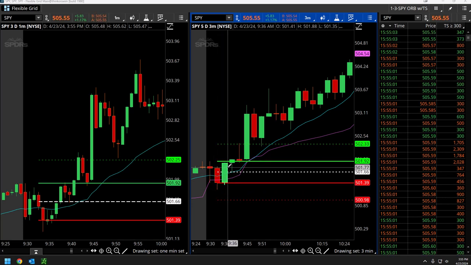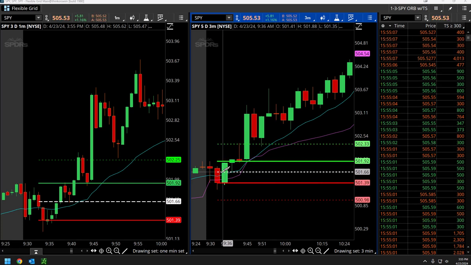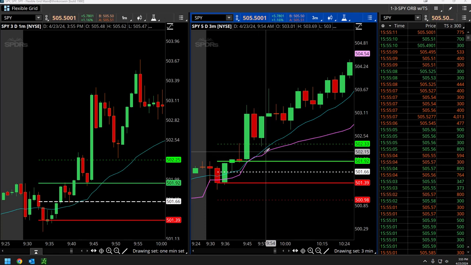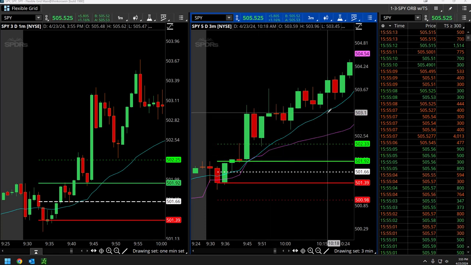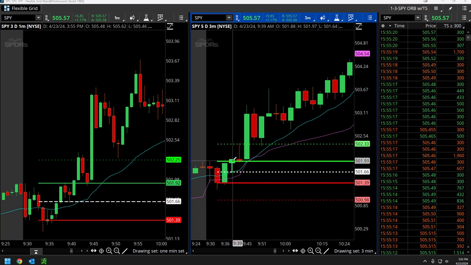Now, one thing of interest: the market was open about 9 to 10 minutes, and you can see we're above the VWAP, and we're also above the moving average that I have on the 3 minute chart. So this is a nice indication to get in on calls, which is what I did.